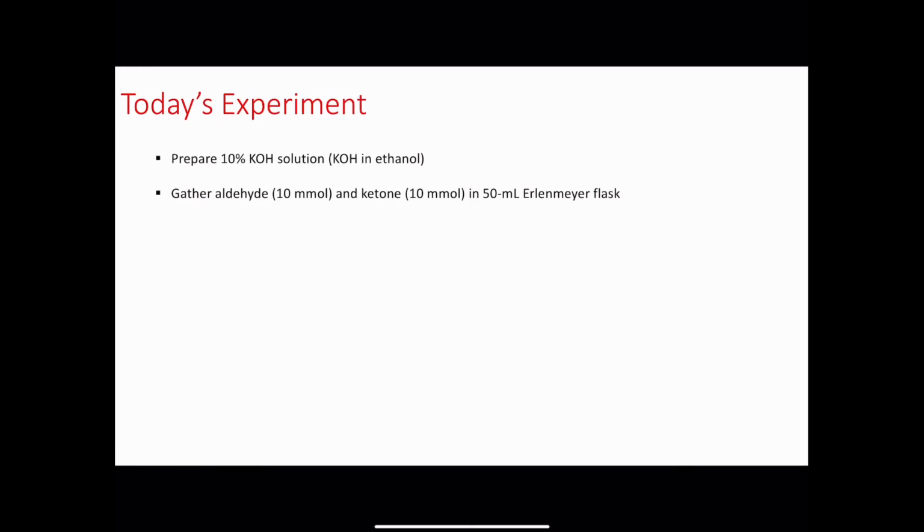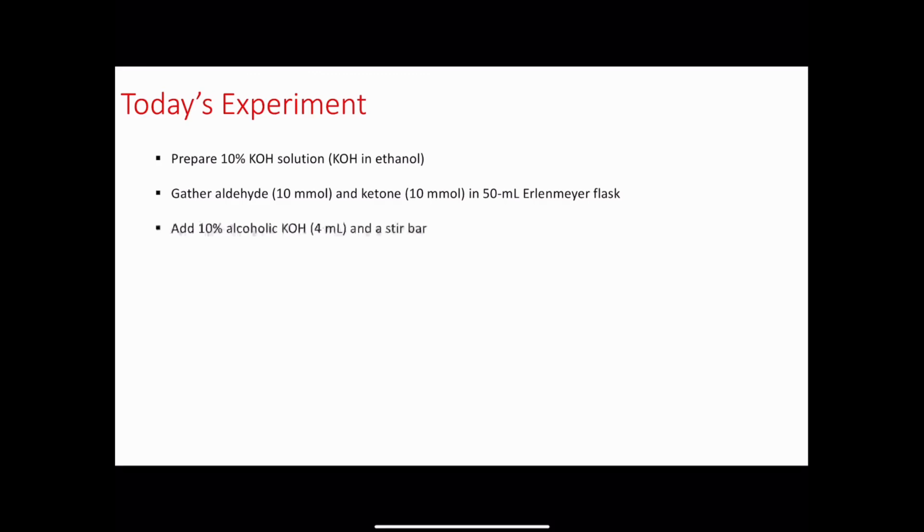Next, you're going to combine the aldehyde and the ketone. So you use 10 millimole of aldehyde and 10 millimole of ketone, and you put them in the 50 milliliter round-bottom flask. All right, so you need to calculate the amount of both reactants.